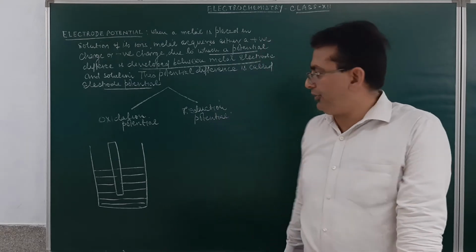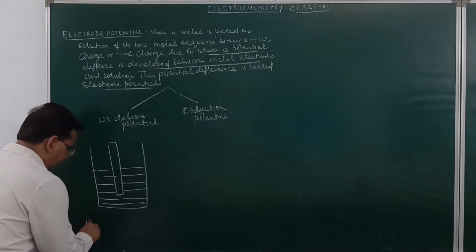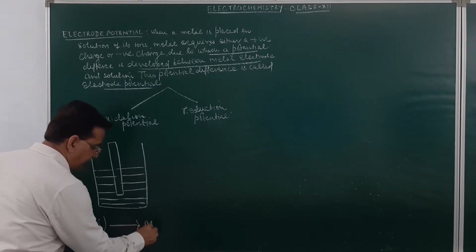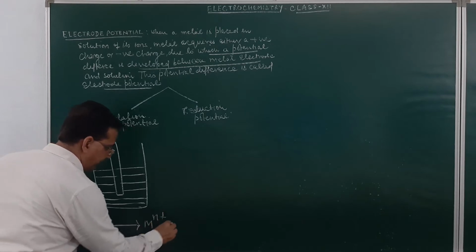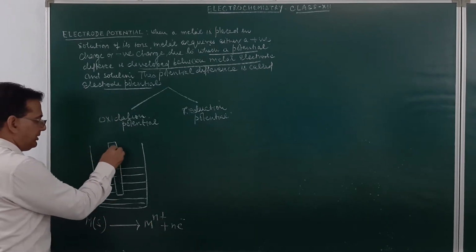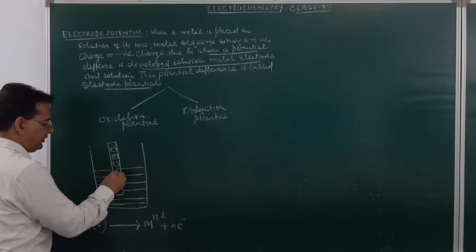What happens during the process of oxidation? This metal electrode, which is in the form of a solid, will change into M^n+ plus n electrons. So here there will be positive charge and negative charge.